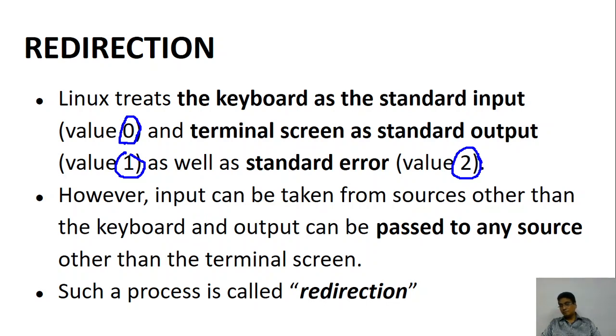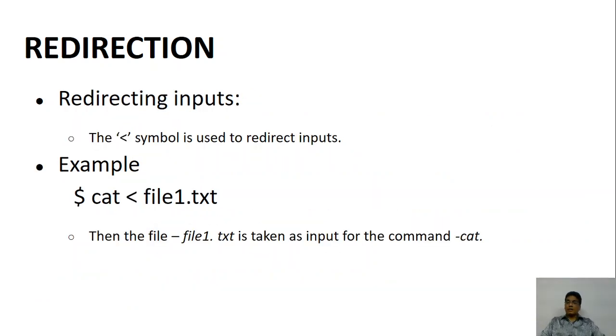In the same way, if I don't want the output to go to the monitor, that is the terminal, I have to redirect it so that it goes to something else. This technique of changing the standard input and output devices is called redirection.